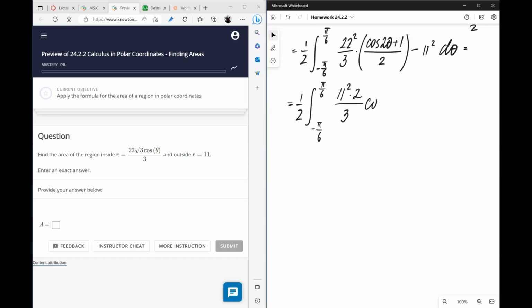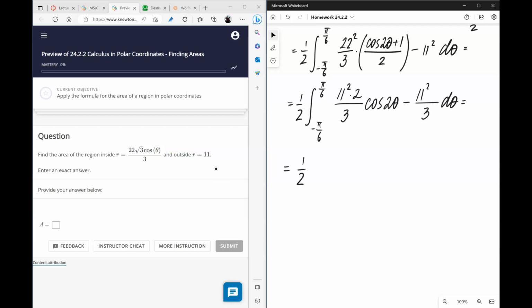So we have 2/3 of 11 squared times cosine of 2 theta plus 2/3 of 11 squared, and then we subtract 11 squared. So this all just becomes minus 11 squared times 1/3, d theta. And now we'll do this separately.